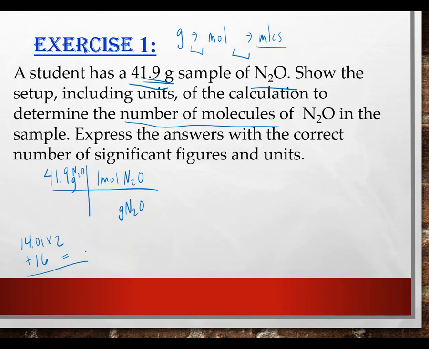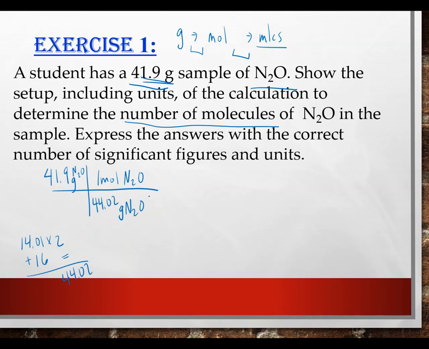We add all that up and we get our molar mass. So our molar mass happens to end up being 44.02. So we're going to put that in here, 44.02 grams.